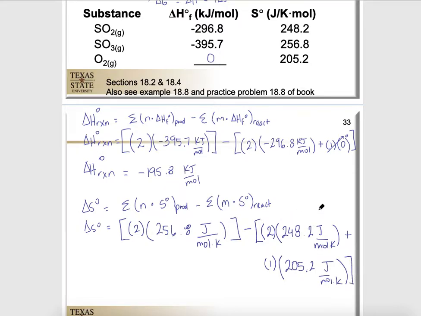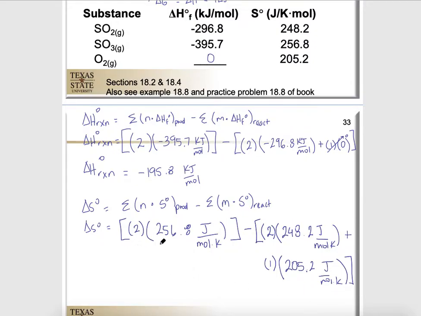Now, one thing that I usually get people making mistakes on is the fact that you have now 2 operations here that are within the same bracket. So it's really important that you either do them in pieces, like do this calculation in one piece and then this calculation in another piece and then subtract them from one another, or that you're very careful with utilizing your parentheses to make sure that you don't end up doing the wrong sign, because remember that this negative sign is affecting this positive sign here.